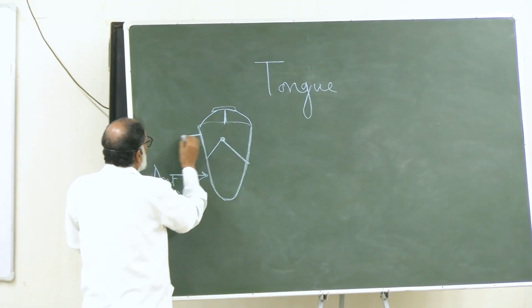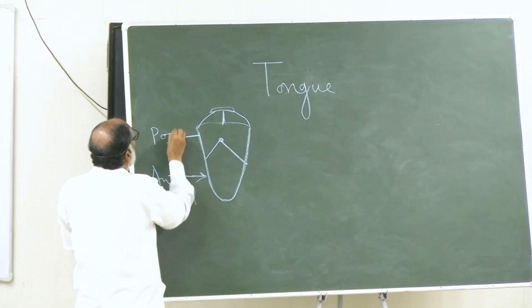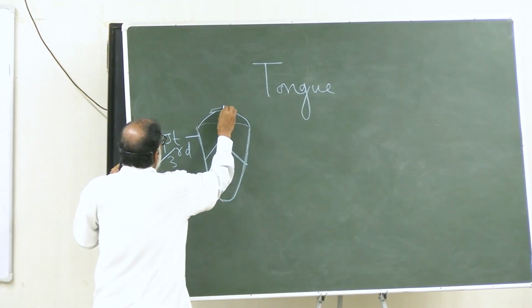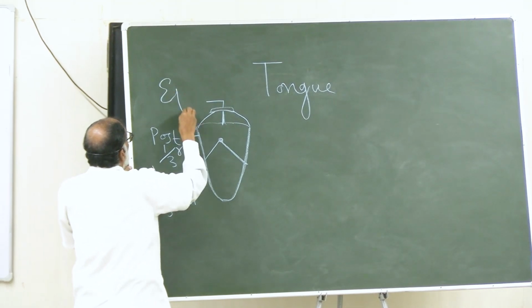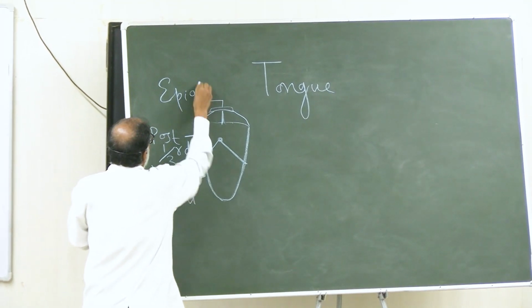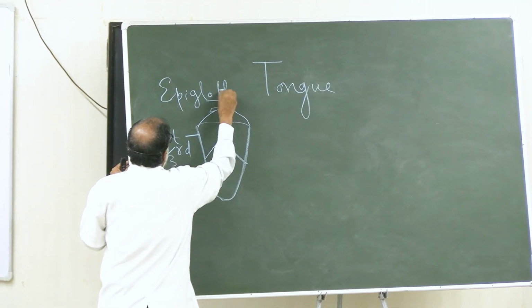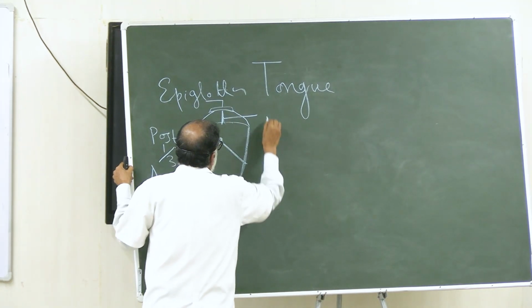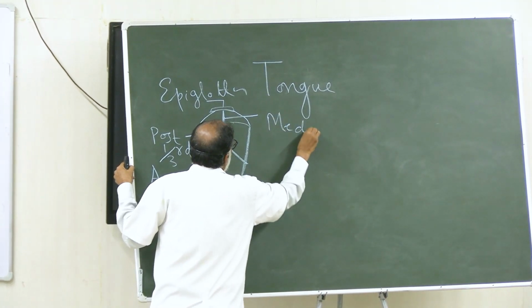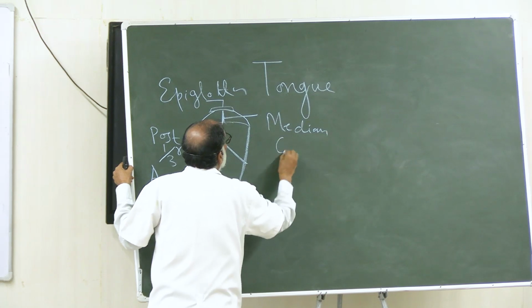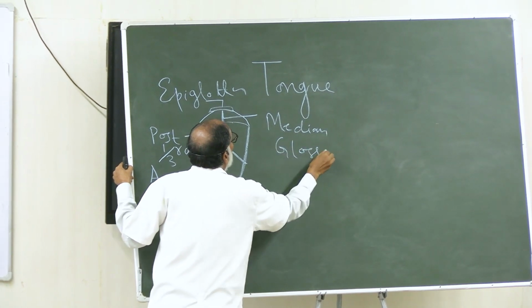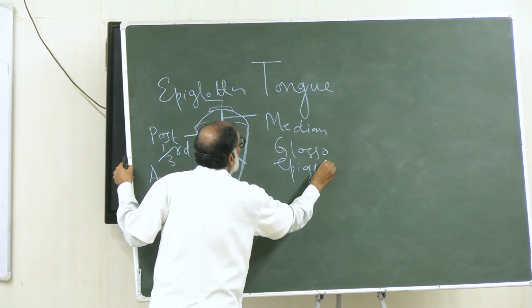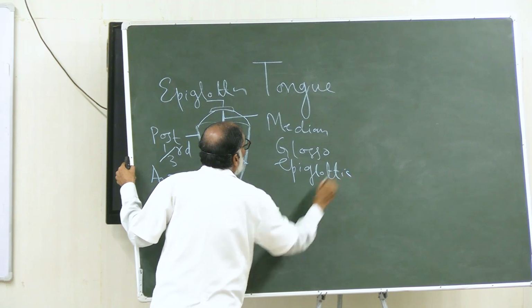That is the posterior third of the tongue. This is the epiglottis. This is the median glosso-epiglottic fold.